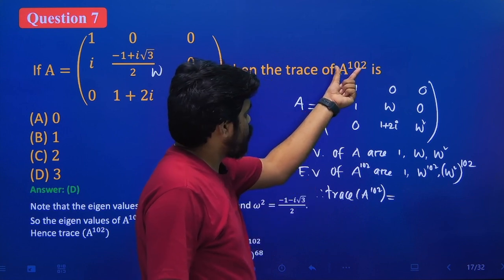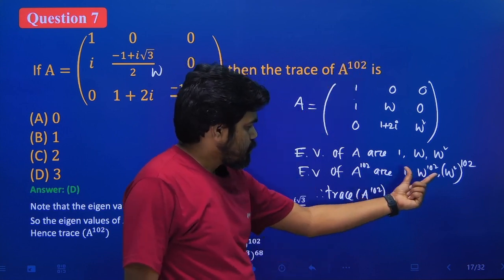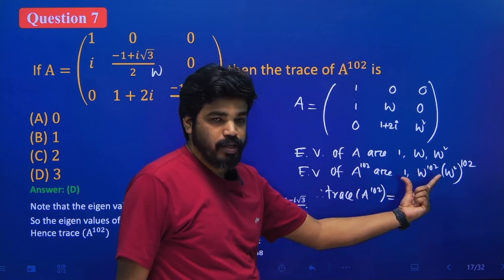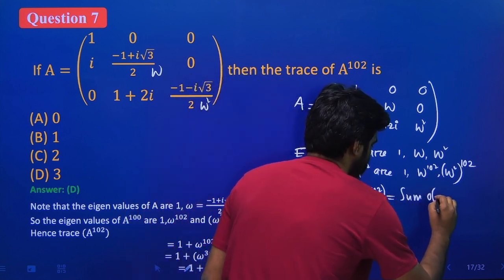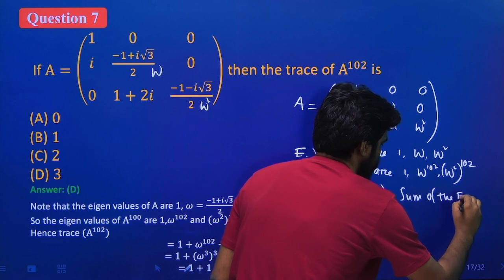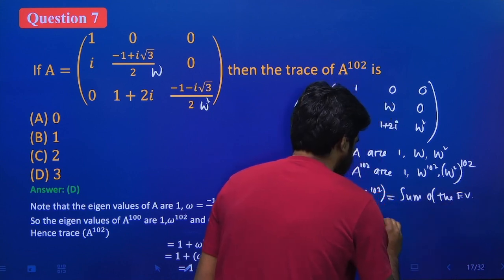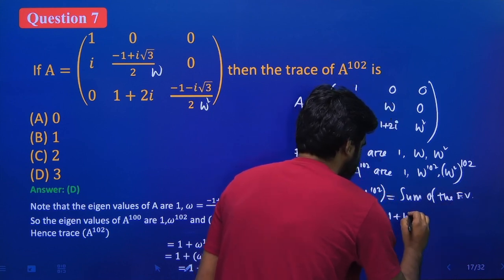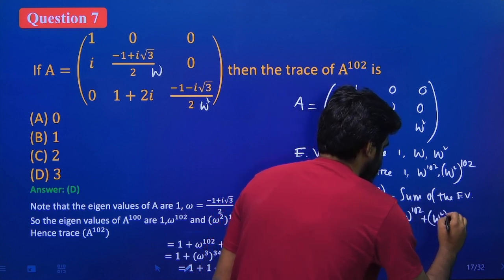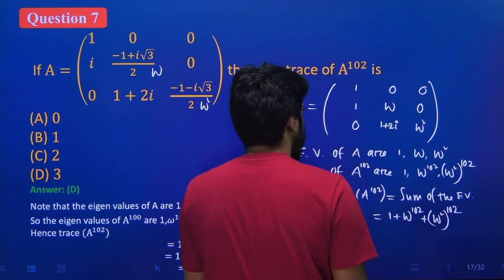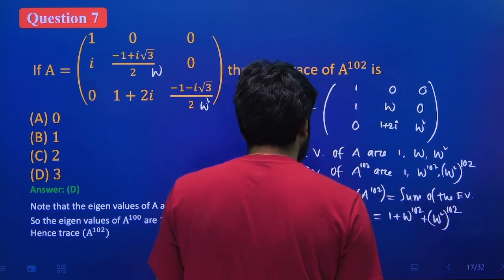So now the trace of A to the power 102 means the sum of the eigenvalues. Trace means sum of the eigenvalues. So that means 1 plus omega to the power 102 plus omega square to the power 102, right? We know that omega cube is equal to 1.